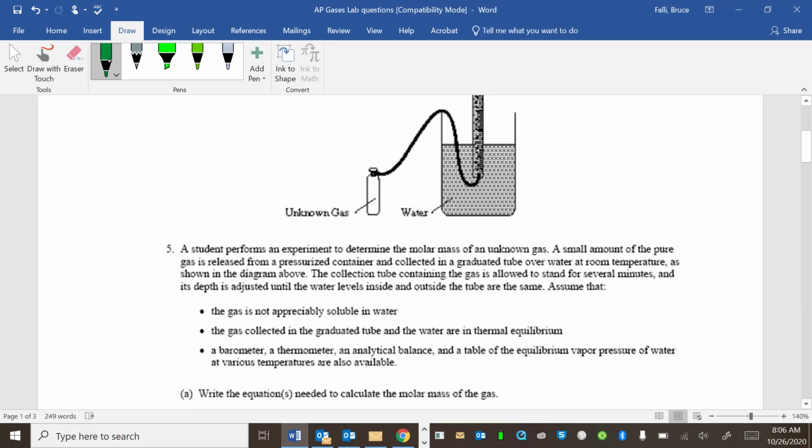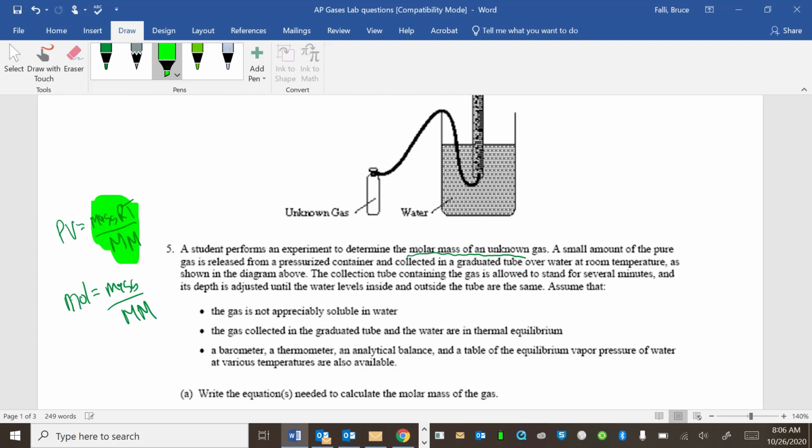The student performs an experiment to determine the molar mass of an unknown gas. As soon as I see this, I think of my equation that has molar mass in it, which is PV equals mass RT over molar mass. The other thing I sometimes think of is moles equals mass over molar mass.